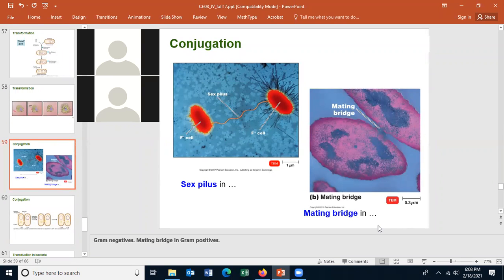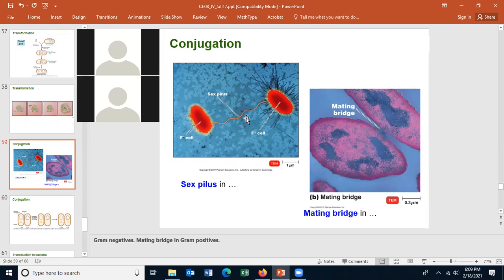Conjugation is when one cell gives some DNA from that cell to another cell. And that can happen in bacteria in two ways, by sexual conjugation. In gram-negatives, sexual conjugation happens with the sex pilus. The sex pilus is this structure coming out of this cell here.